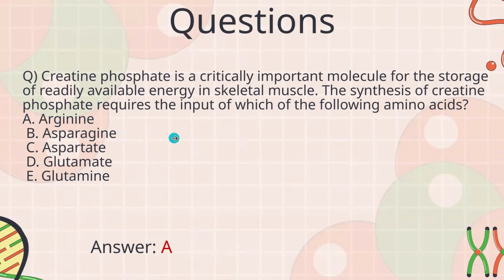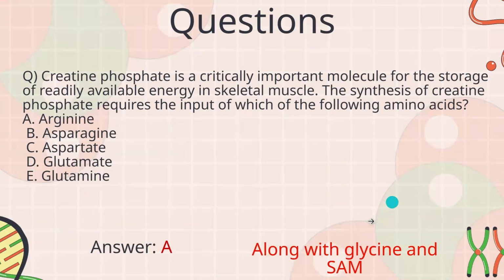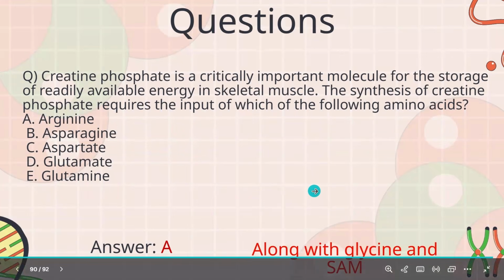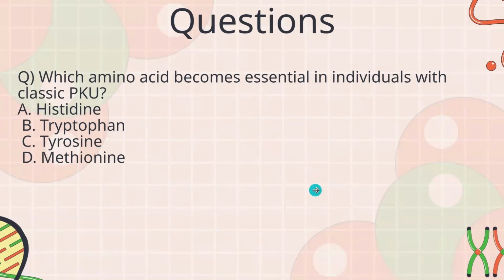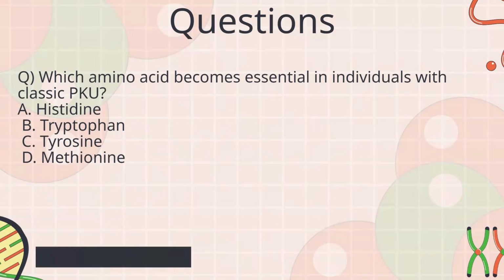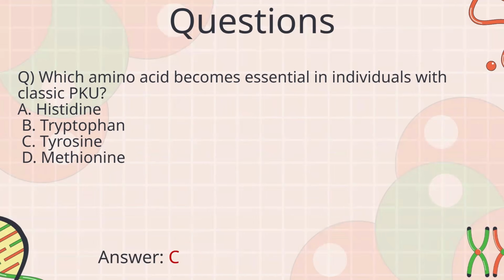Okay, the reason is arginine, because it also has other things like glycine and SAM, S-adenosylmethionine, and if you guys remember the mnemonic GAS. And finally, the last question. And finally, the answer is C, because if individuals have classic PKU, the amino acid that becomes essential is tyrosine, because we're not getting as much tyrosine conversion, as phenylalanine hydroxylase is defective here.